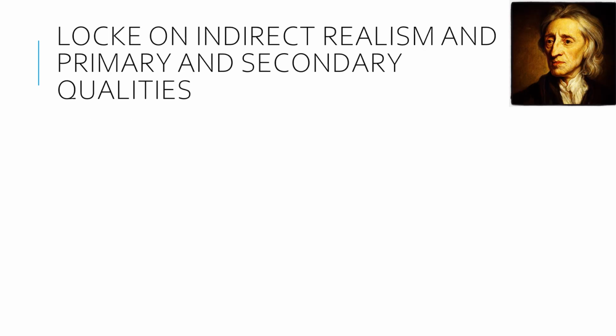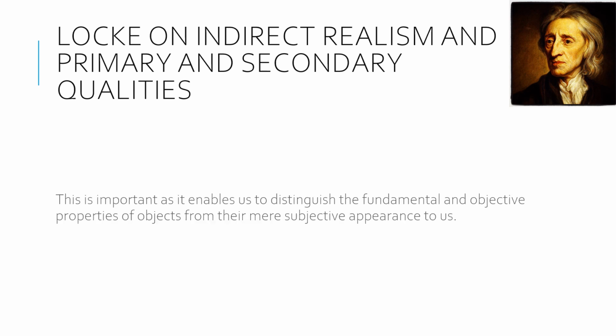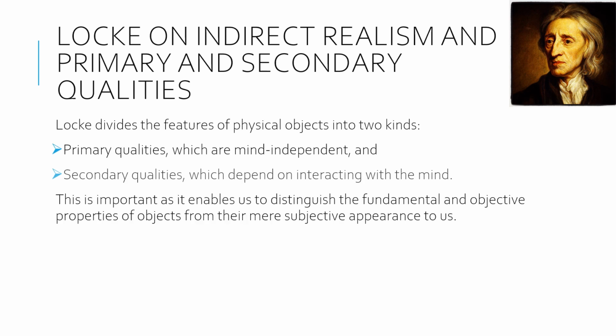A further argument that we could get into would be Locke's distinction between primary and secondary qualities. So Locke divides the features of physical objects in the external world into two kinds. There's the primary qualities, which are mind independent. They exist external to the mind. And secondary qualities, which depend on interacting with the mind.